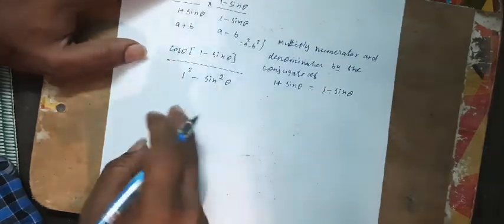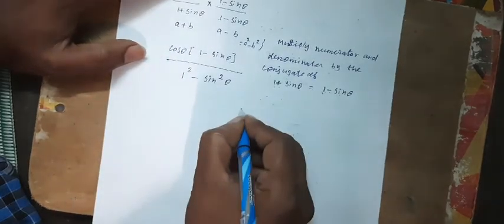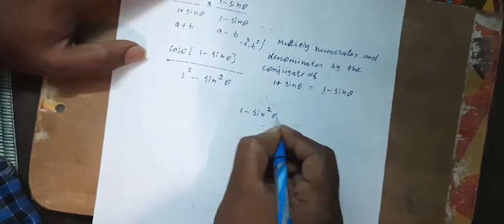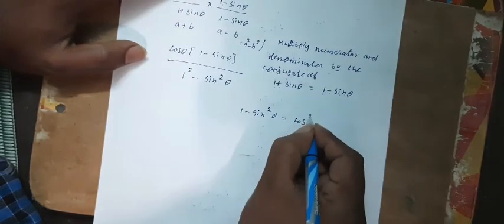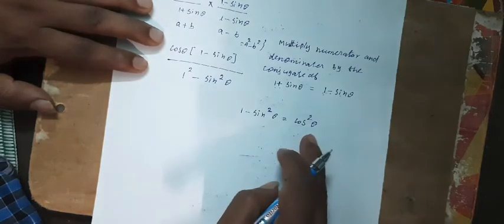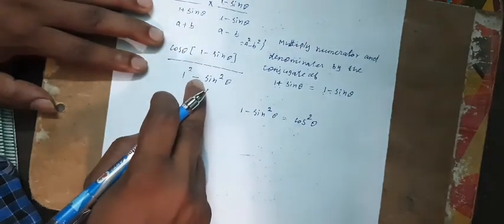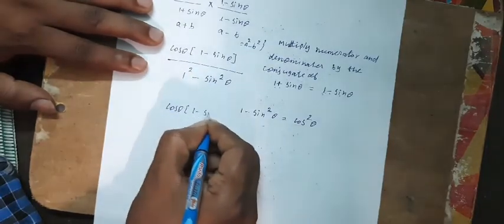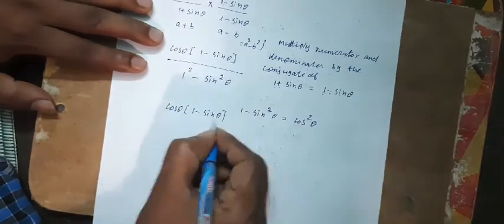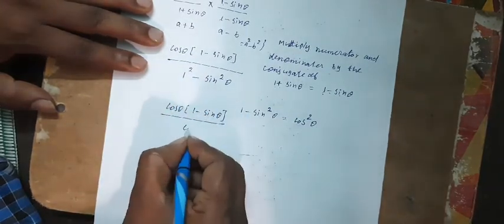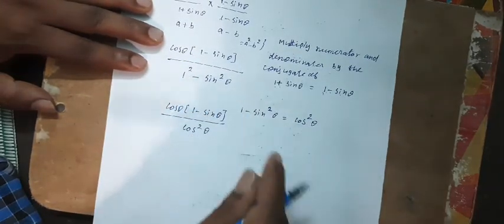Next, the formula for 1 minus sin square theta: what is the formula? Cos square theta. So apply the formula here. We get cos theta into 1 minus sin theta by 1 minus sin square theta, which we can change to cos square theta.